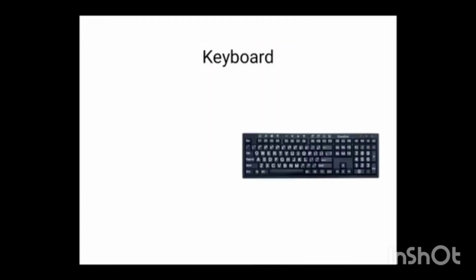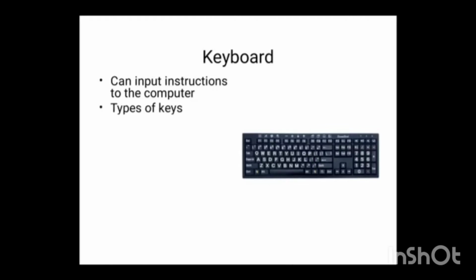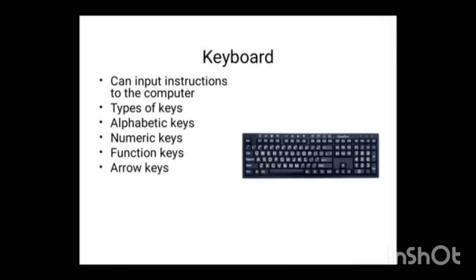Now, next, let us see about the keyboard. We can use the keyboard to give instructions to the computer. The keyboard can be divided into five groups: alphabet keys, numeric keys, function keys, arrow keys, and special keys.